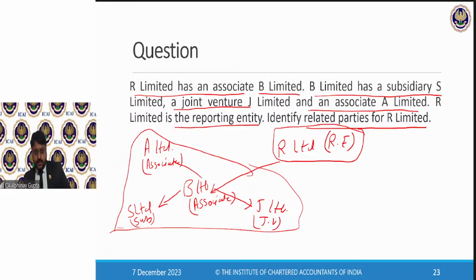So A and J, you are saying, are not related to R Limited.